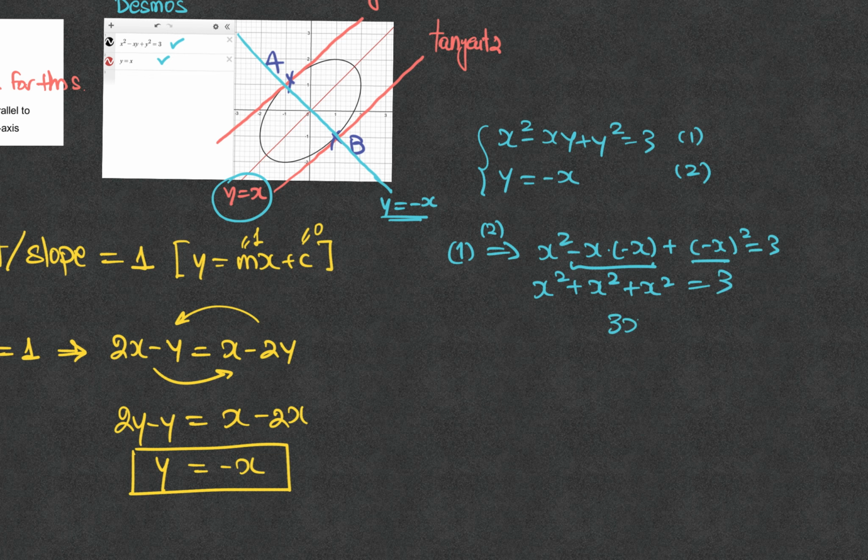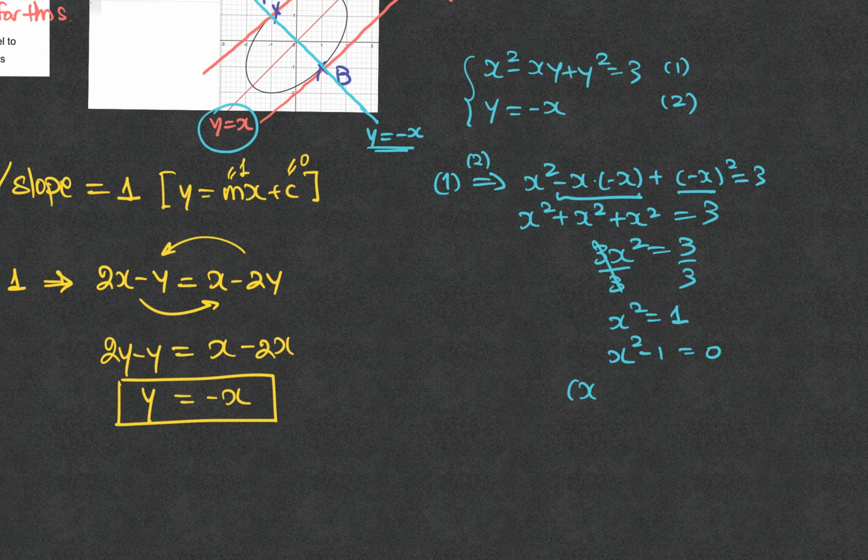So you end up with 3x squared equals 3. Divide by 3 on both sides, which gives x squared equals 1. That means x squared minus 1 equals 0. Let's factor: (x minus 1)(x plus 1) equals 0. That gives x equals 1 and x equals -1.